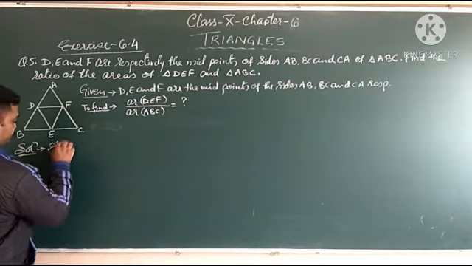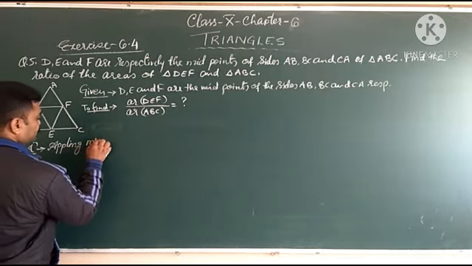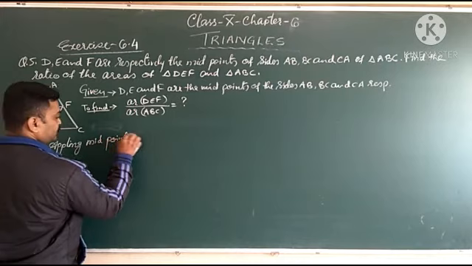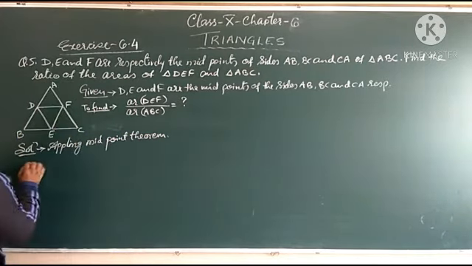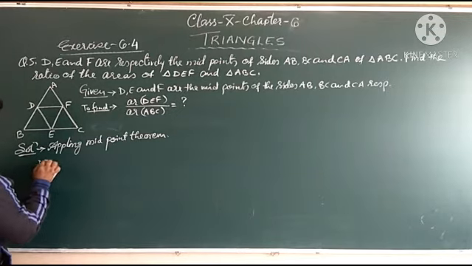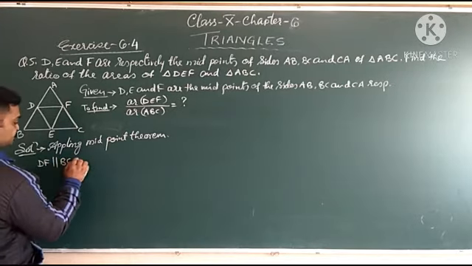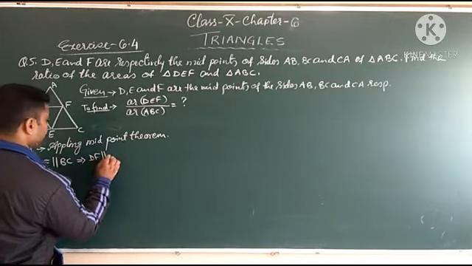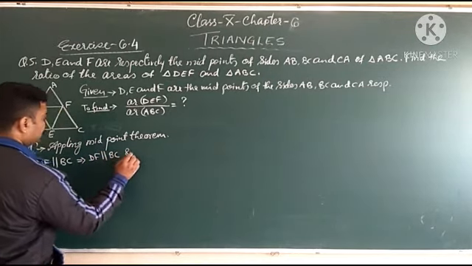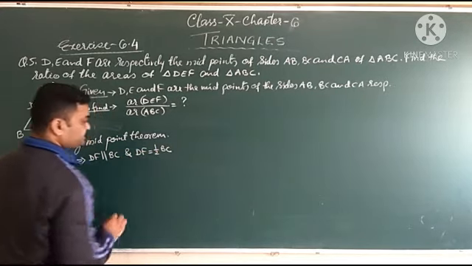Applying midpoint theorem. What we get? DF is parallel to BC, or we can say this implies DF parallel to BE, and DF is equal to half of BC.